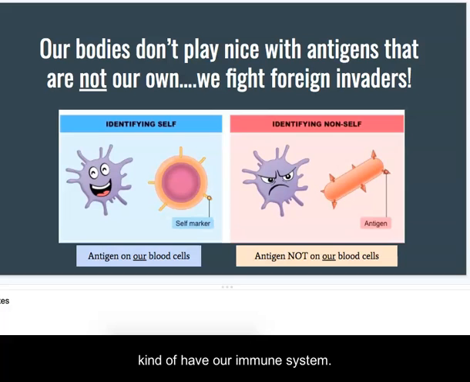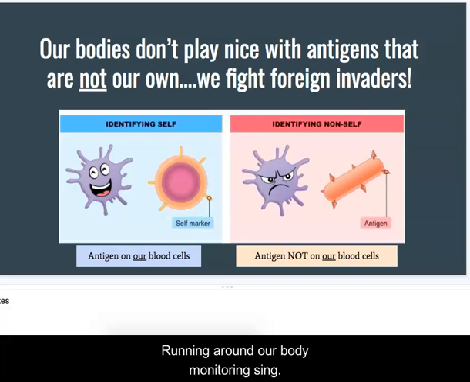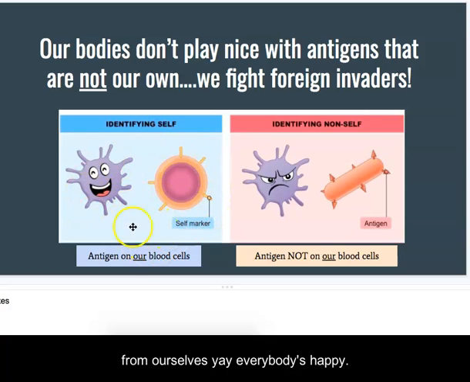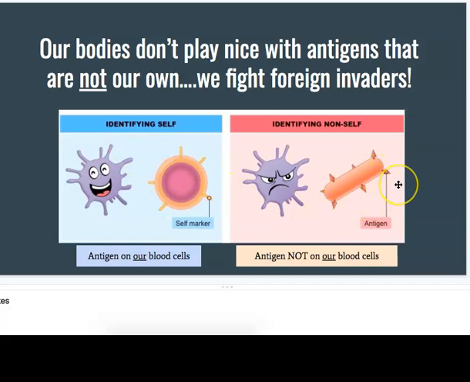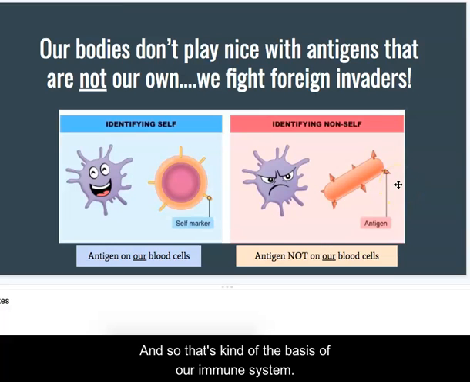We have our immune system running around our body, monitoring, saying, oh, these antigens or these markers on the outside are us. They are from our cells. Yay, everybody's happy. And then if they see something that they don't recognize as themselves, then they attack it. And that's the basis of our immune system.